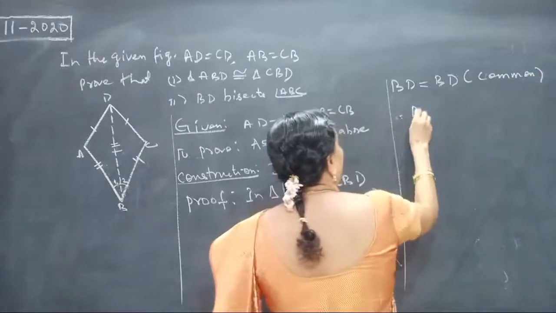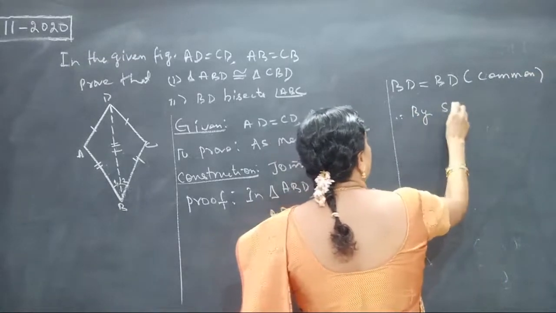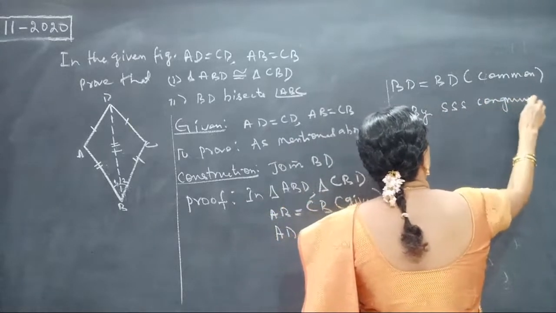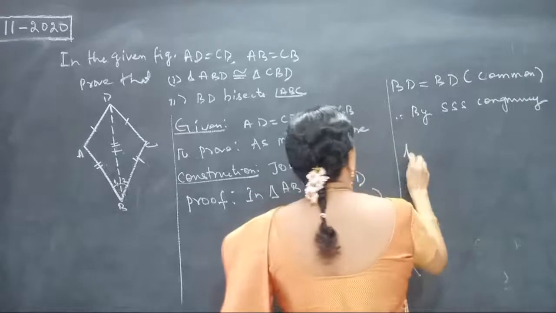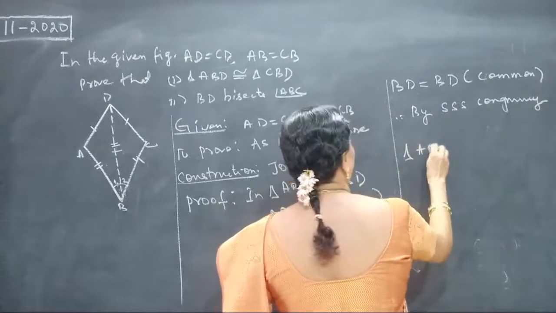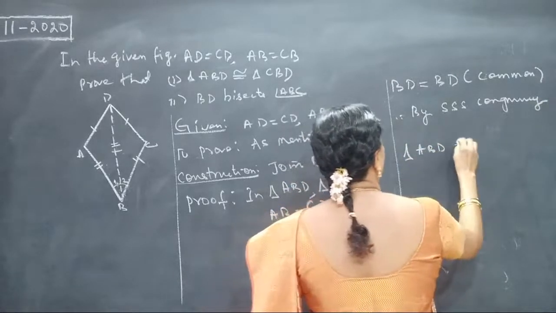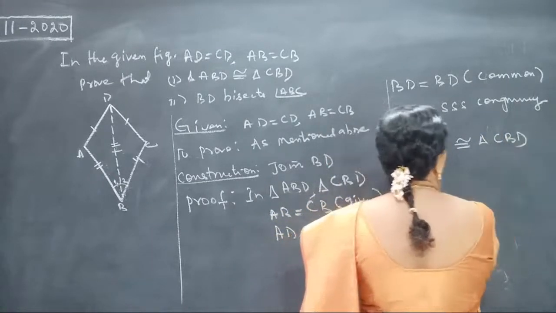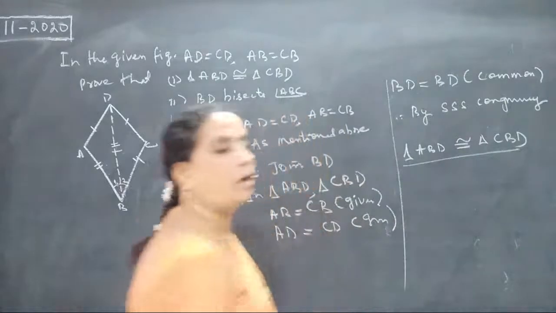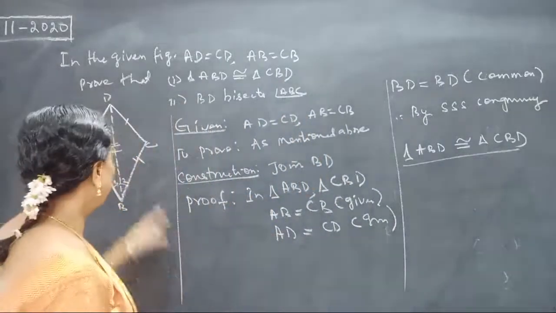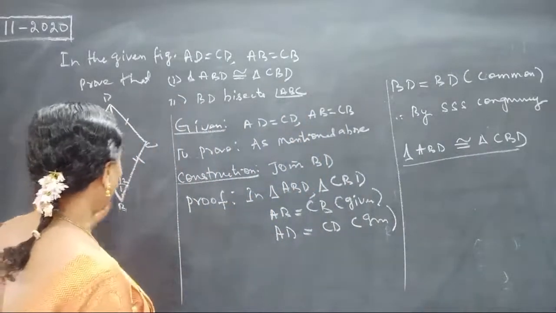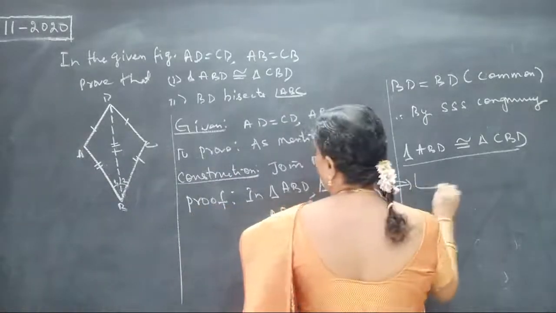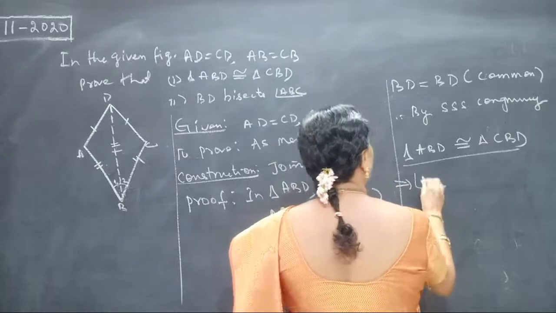Therefore, by SSS congruency, triangle ABD is congruent to triangle CBD. They are congruent. Then to show BD bisects angle ABC, we consider angle ABD.